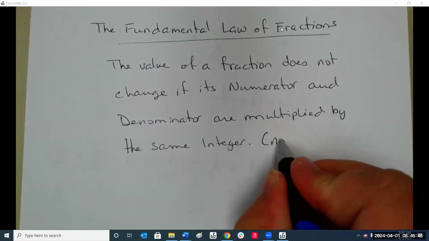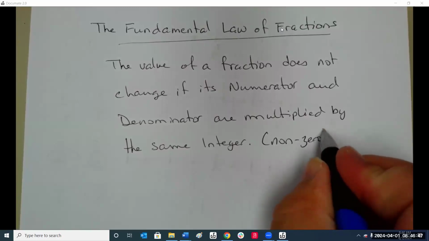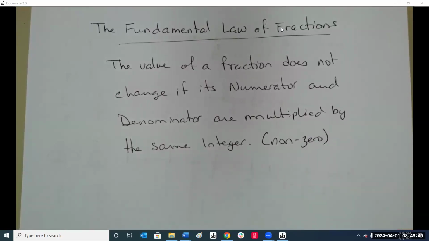It's a non-zero integer. But even if it is 0, it'll be the same answer. It'll be 0 on both sides.